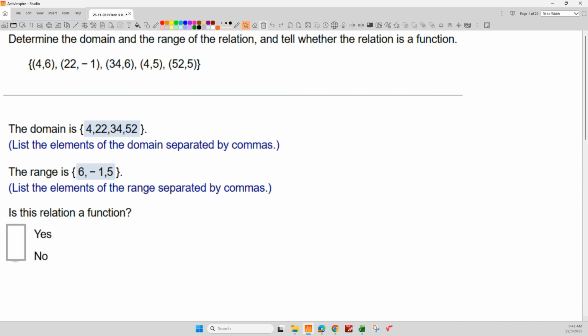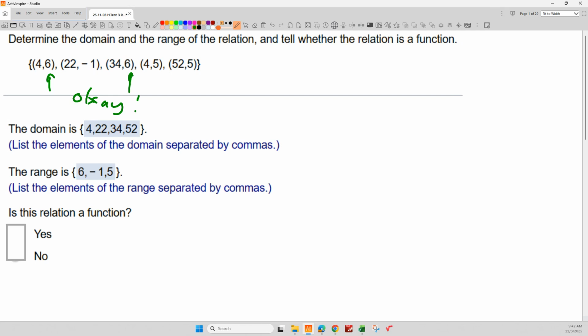Because remember, this tells me, for example, if I look at these 2 points, the first and the third, I'll put arrows up here. If I'm looking at that value and that value, that's okay, right? Because this is just telling me for an input of 4, I get 1 output, 6.